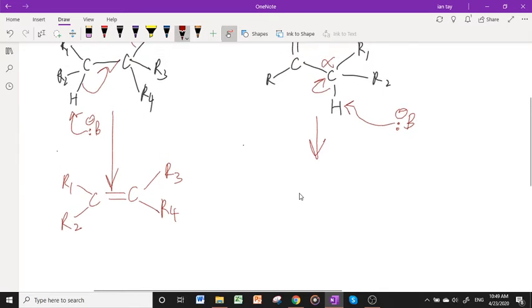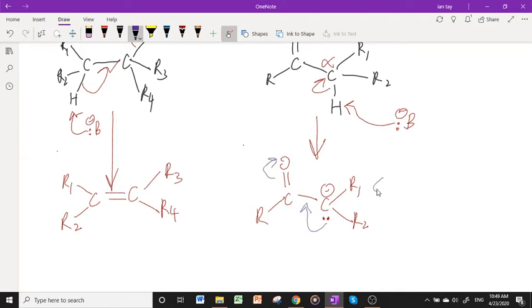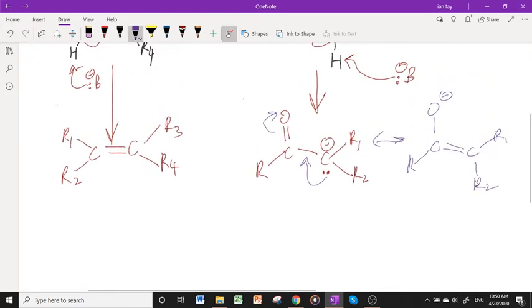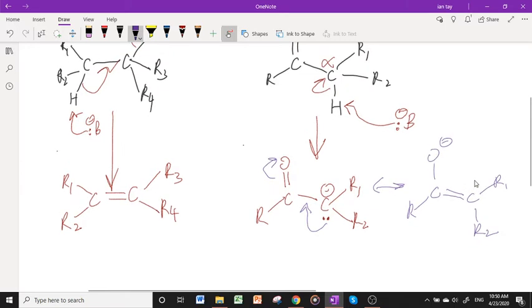This then results in this carbanion, but there is the possibility of resonance, and then this can be protonated to form an enol.